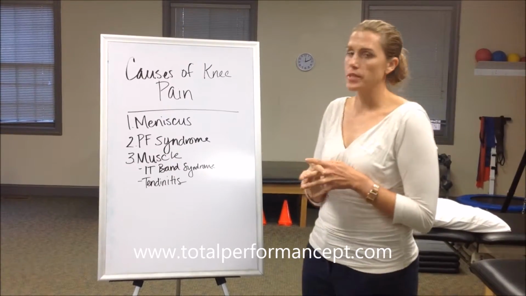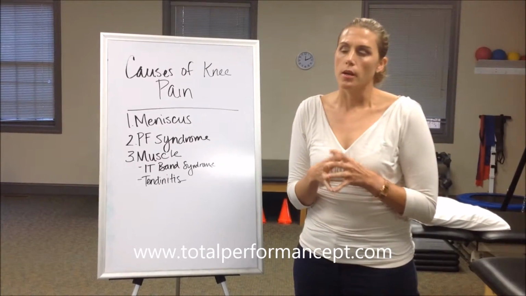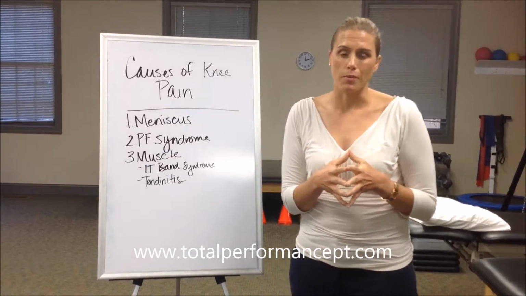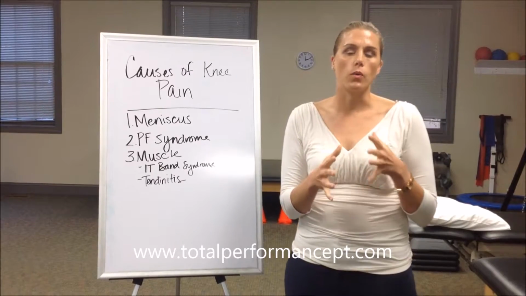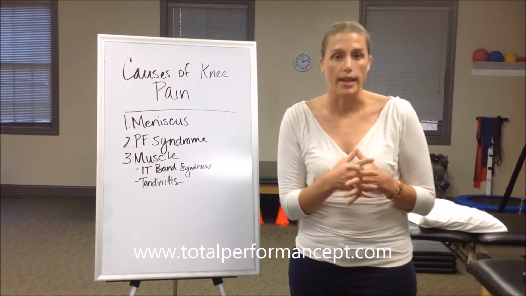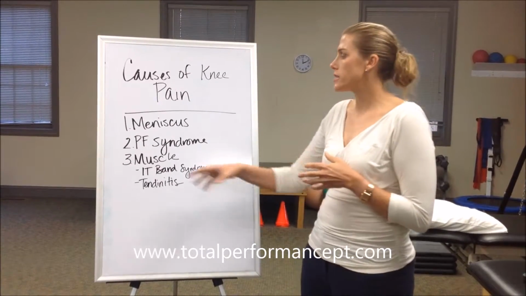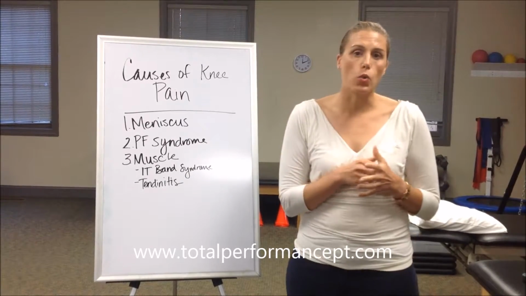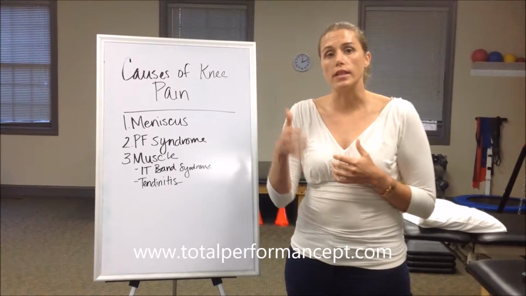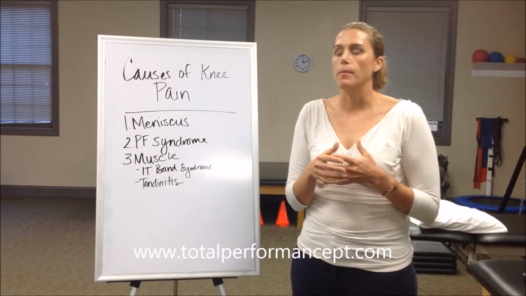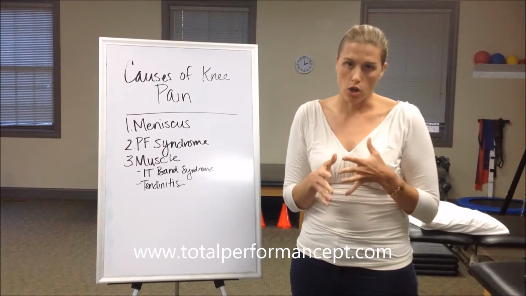The second is patellofemoral syndrome. Patellofemoral syndrome and arthritis go hand in hand. Usually this is a form of arthritis, or it can be a wearing away of the kneecap on the back. It can be your kneecap tracking wrong.